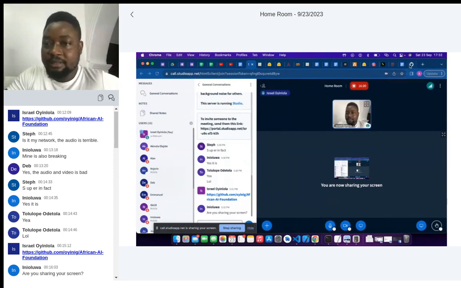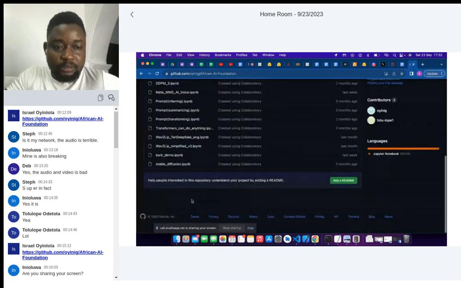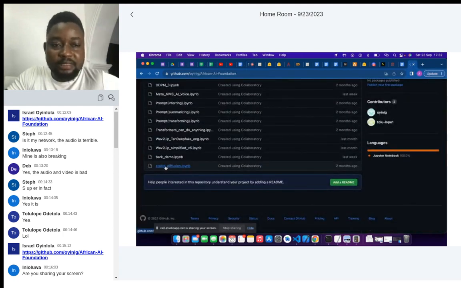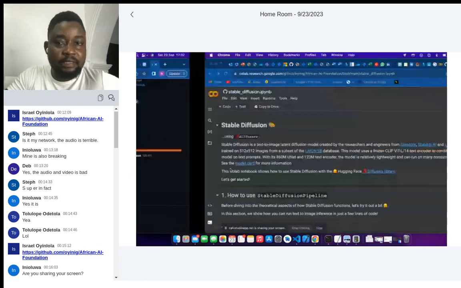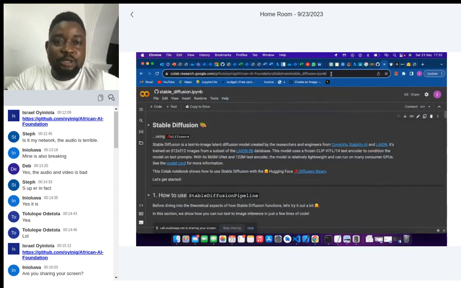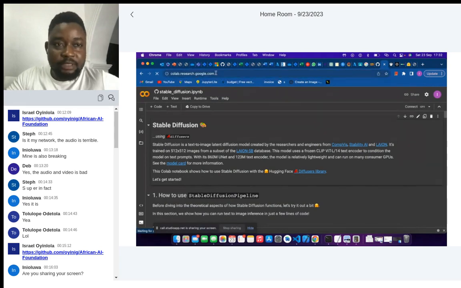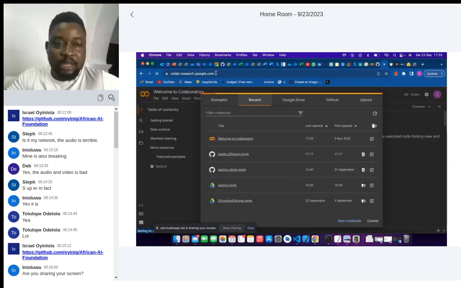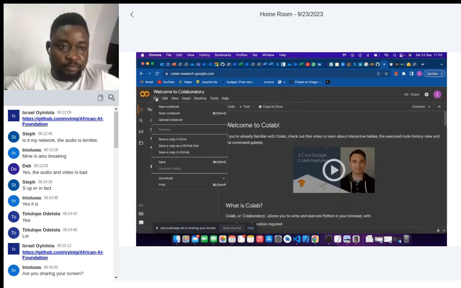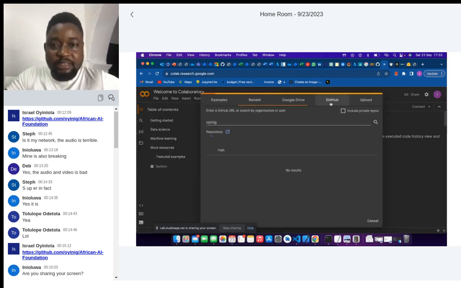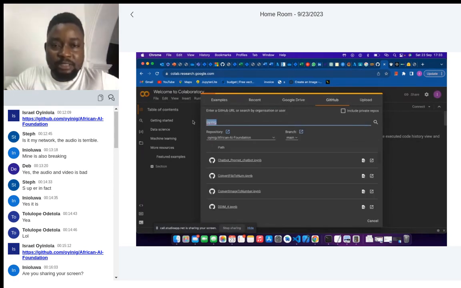So I took us through the GitHub and opened up this stable diffusion notebook. Let me open it up again. This is how to open a notebook from GitHub. If you open a fresh Colab, you go to File, then Open notebook, then GitHub, and then type the GitHub account you want to load the notebook from.